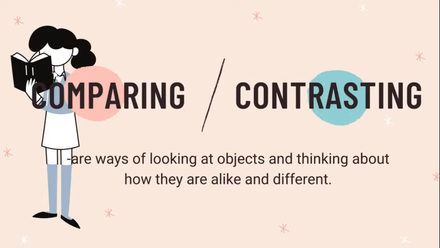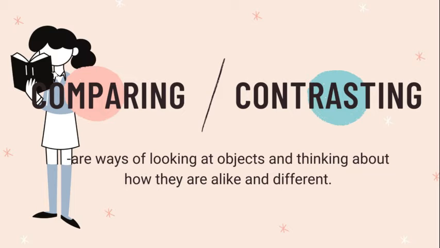Take note that comparing and contrasting are ways of looking at objects and thinking about how they are alike and different. Comparing things means pointing out their similarities or what they have in common, while contrasting things means pointing out their differences or where they diverge from one another.